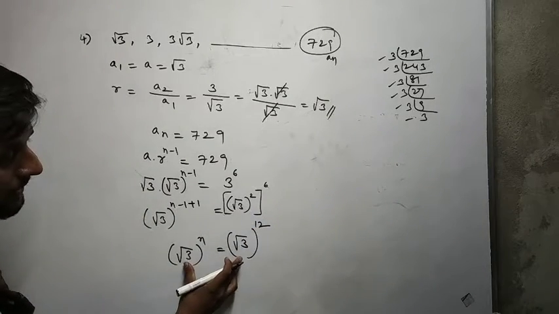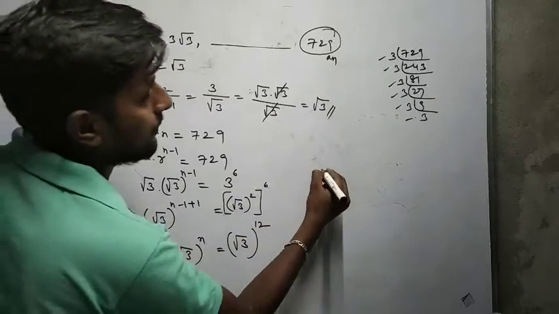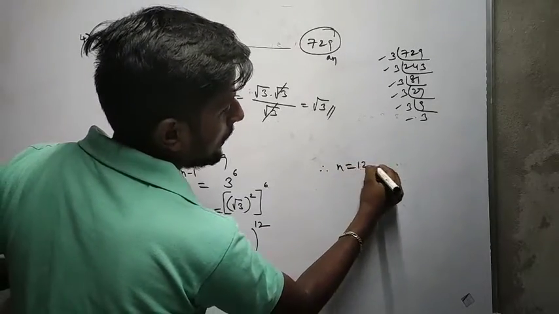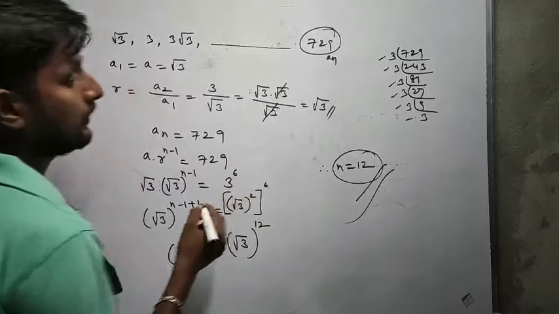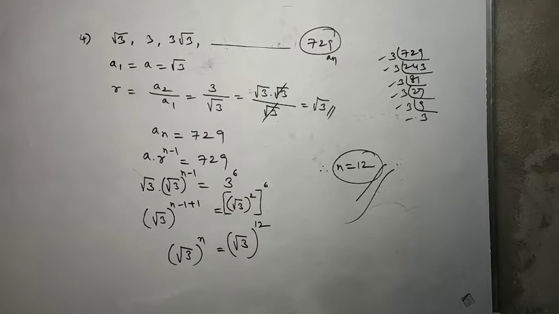Correct? Here the bases are the same, so the exponents are the same. So therefore the 12th term will become 729. Okay? Got it all? Right. Next.